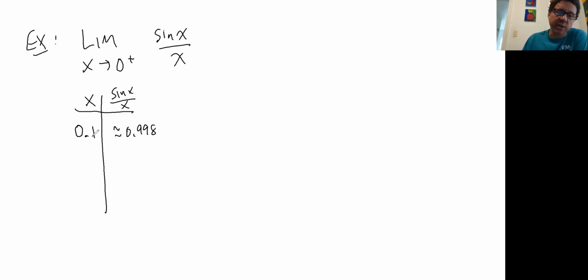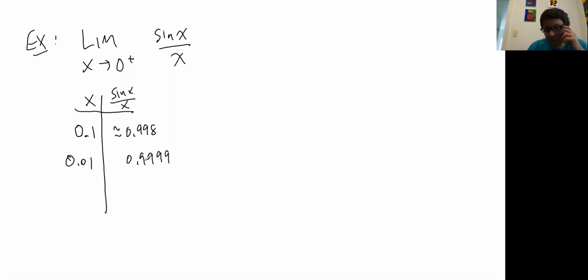Then I take values that approach 0. They get closer and closer to 0. So this is 0.1. Take another number that's even closer to 0, like 0.01. I put that in my calculator. It says 0.99, actually 9999, before it starts to get something else.